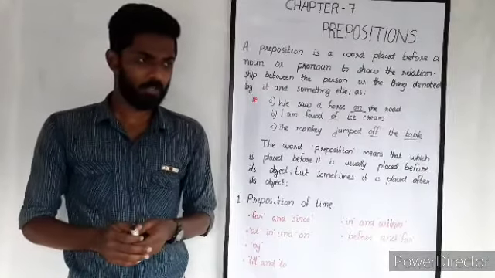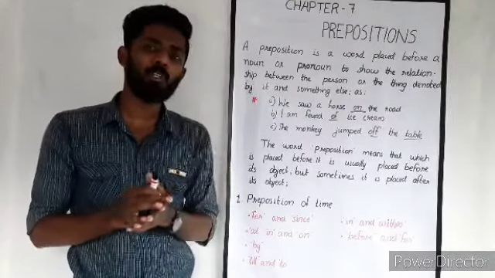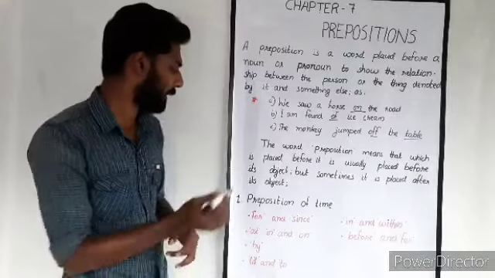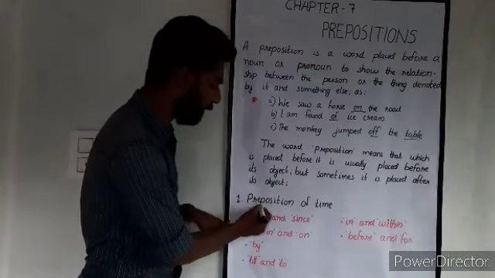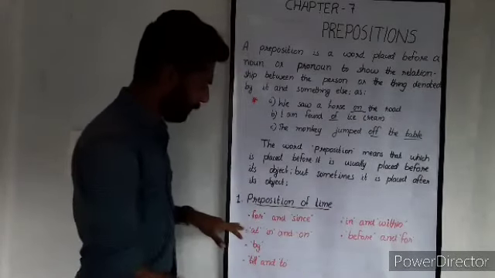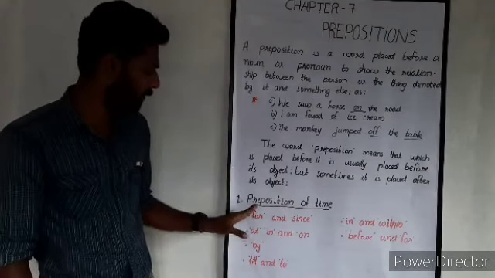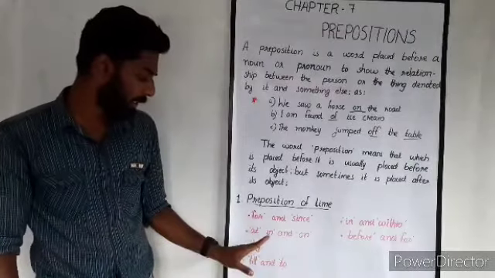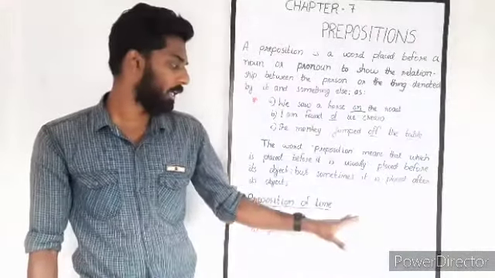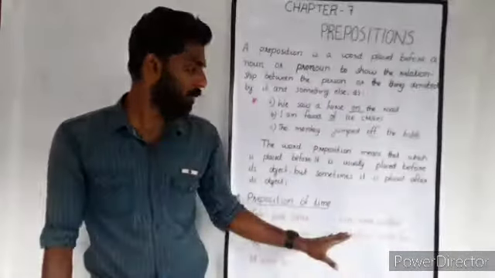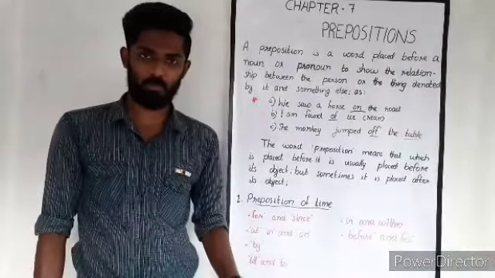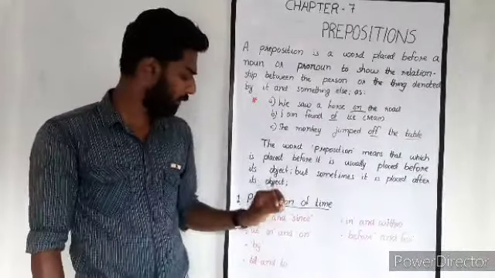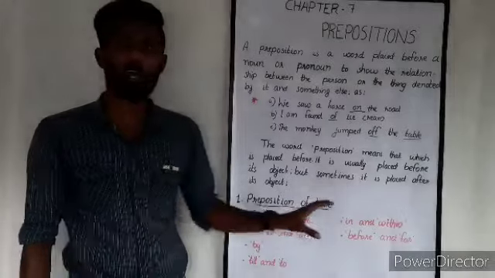First we begin with the preposition of time. So today in this class we will learn about the preposition of time. In prepositions of time we know about for and since, at, in and on, by, till and to, in and within, before and for.